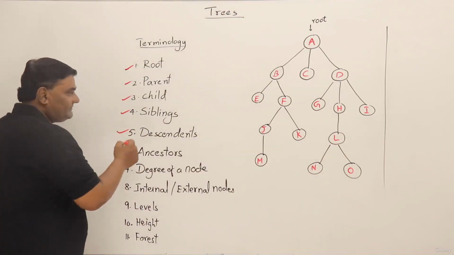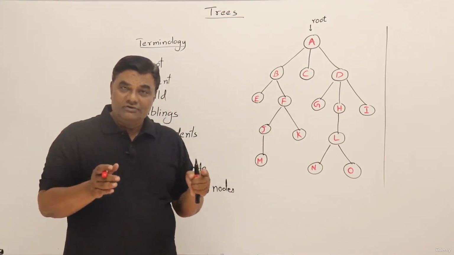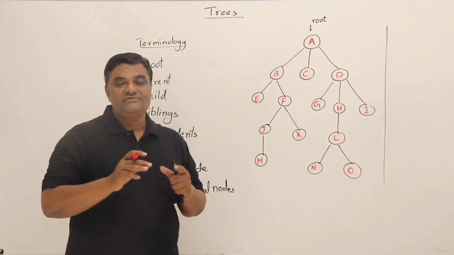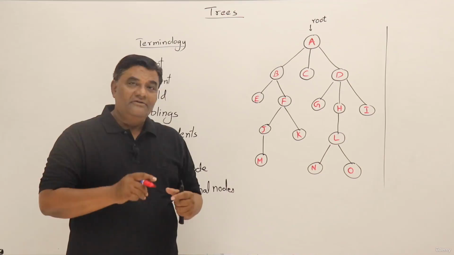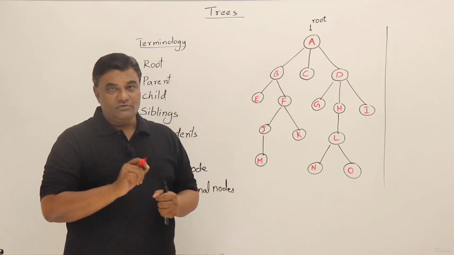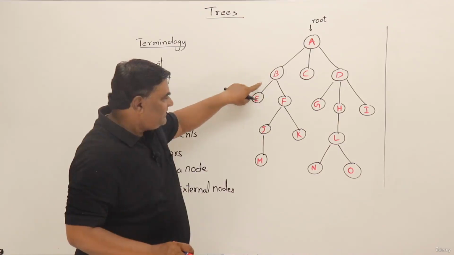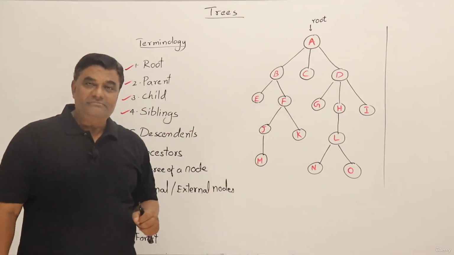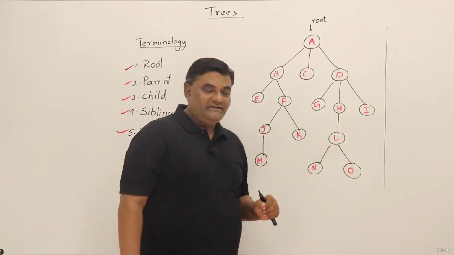Next, descendants. For any node, the set of nodes which are its children and their children and their children, and so on. Or in other words, descendants are all those nodes which can be reached from a particular node or under that node. For example, for B, E, F, J, K, M, all these are descendants of B. For L, N and O are descendants.